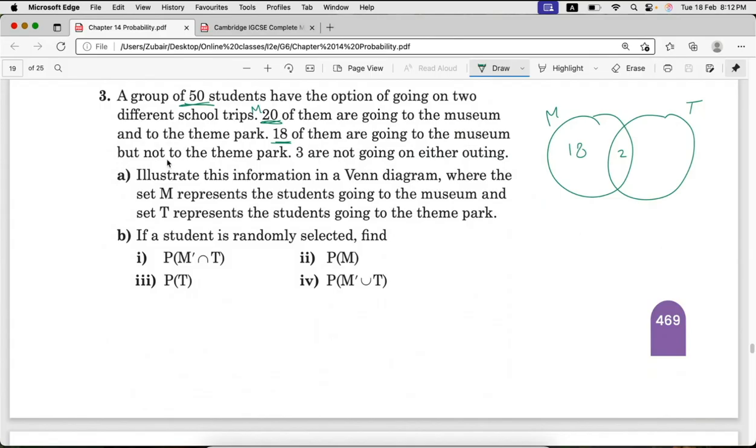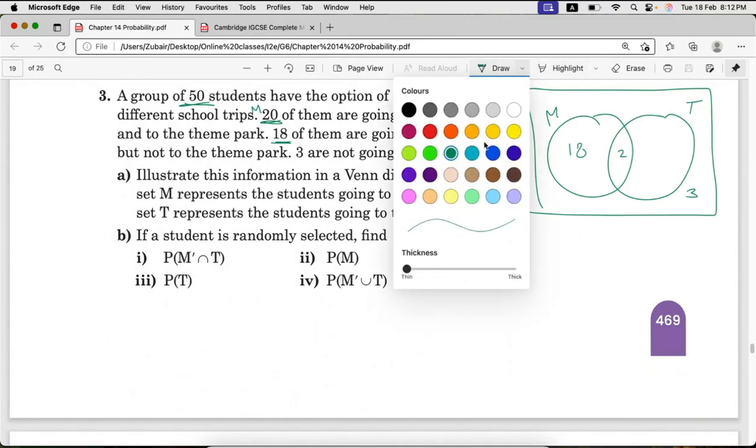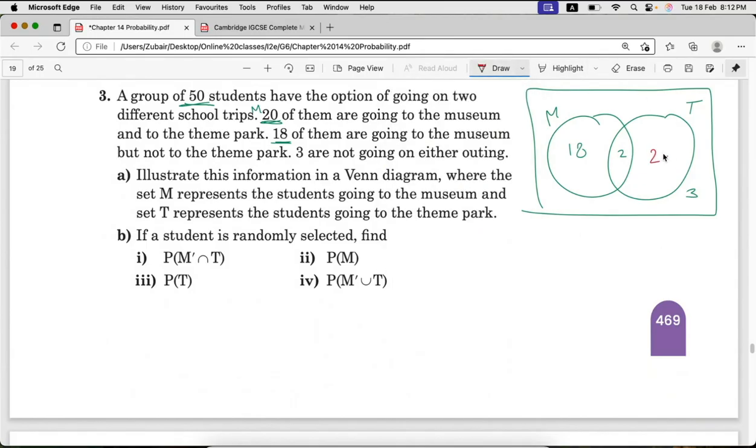And 3 are not going on either. There were total 50. So if I subtract 18, 2 and 3 from 50, I'm left with 27. So remaining 27 should be going to theme park if everyone is joining.